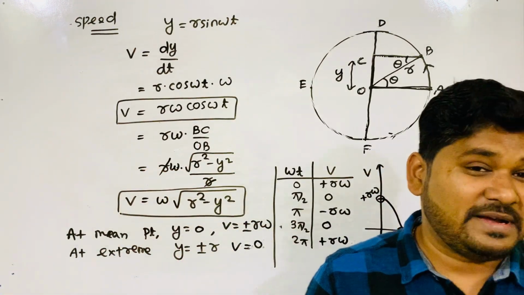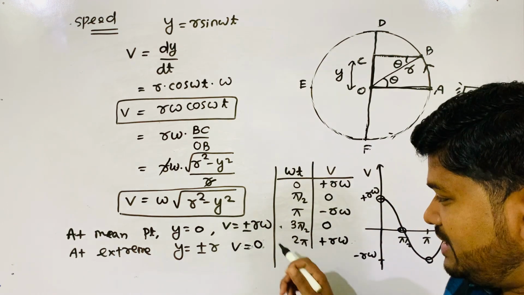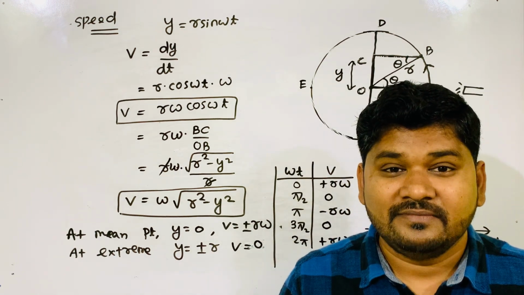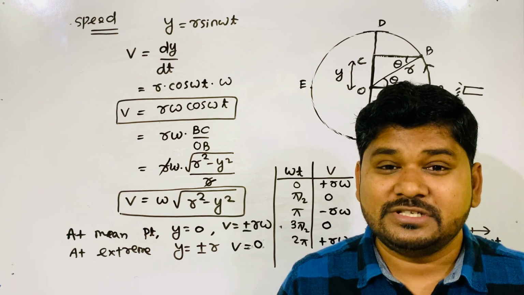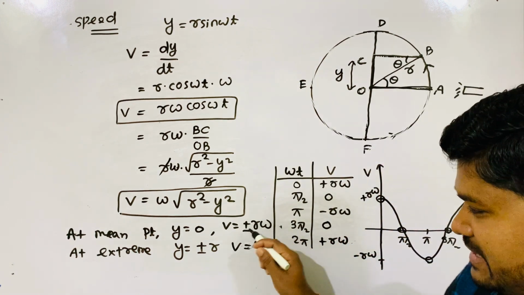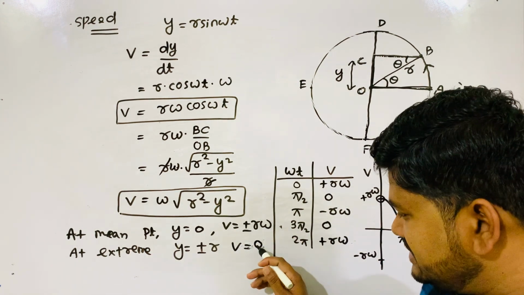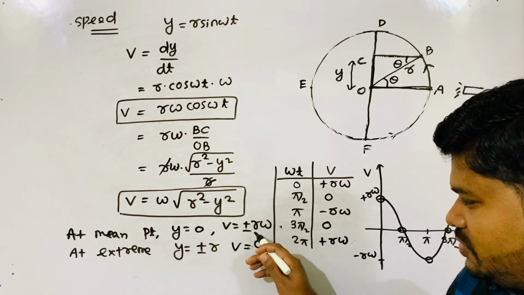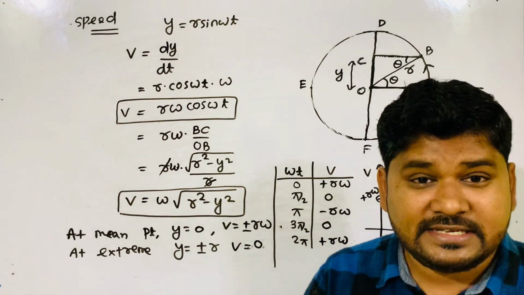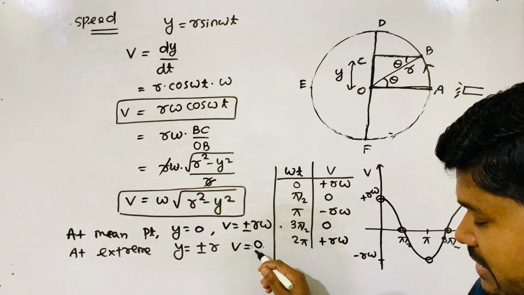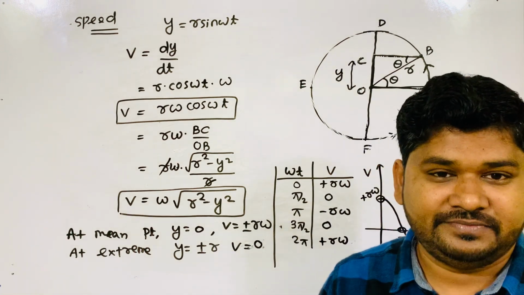Where the velocity is maximum, we got the maximum value plus or minus r omega. But where is the velocity maximum, at extreme position or at mean position? Velocity is maximum at the mean position. Velocity is 0 at extreme position. Don't take this minus sign as less. Plus minus only indicates opposite direction. And here velocity is 0 at extreme position.